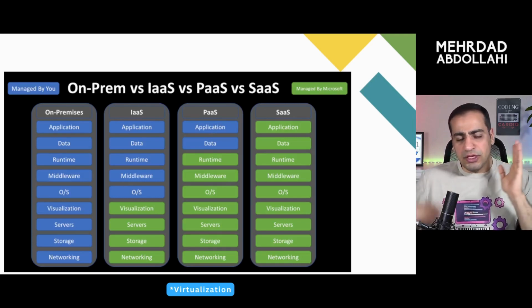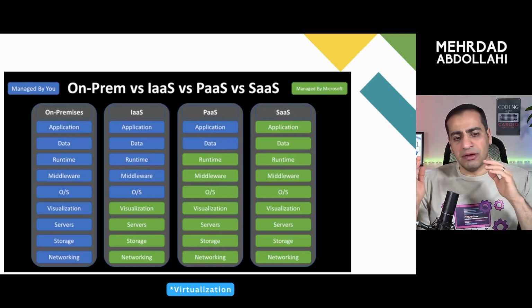Here I have a comparison of on-prem, infrastructure as a service, platform as a service, and software as a service.